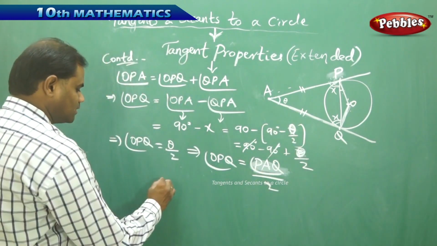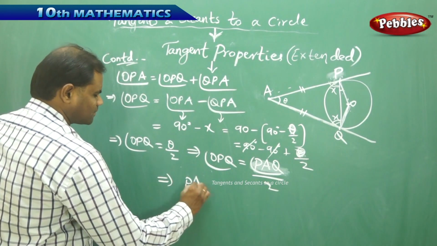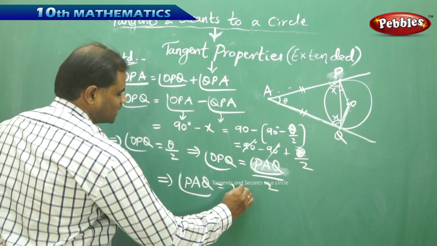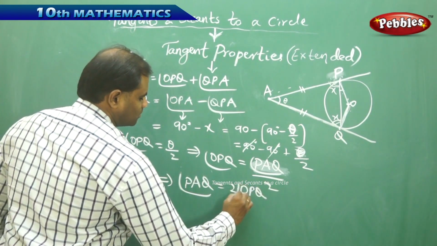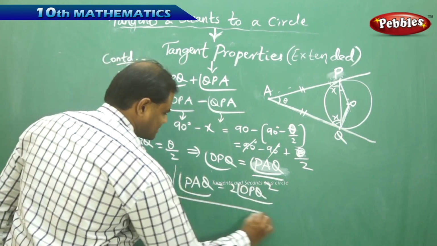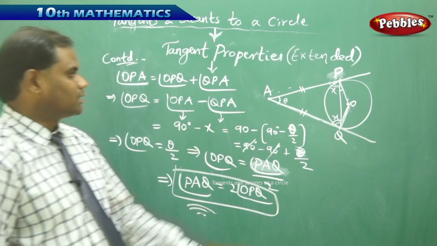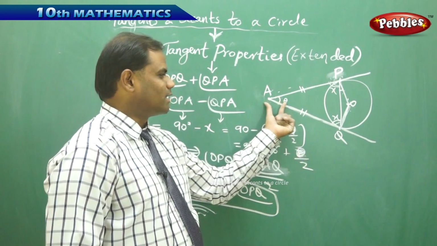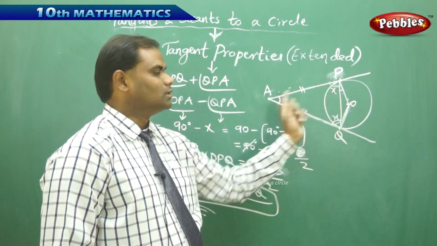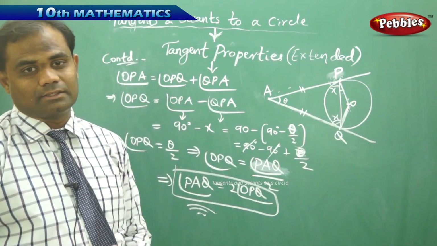When I further simplify this by cross multiplication, angle PAQ is twice angle OPQ. Therefore, angle PAQ is always twice of angle OPQ.